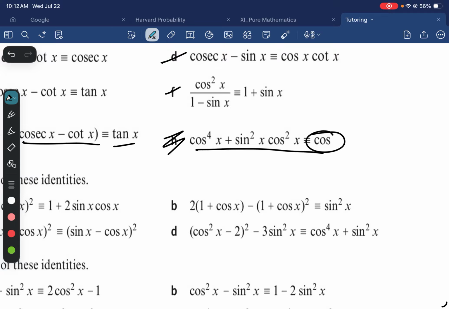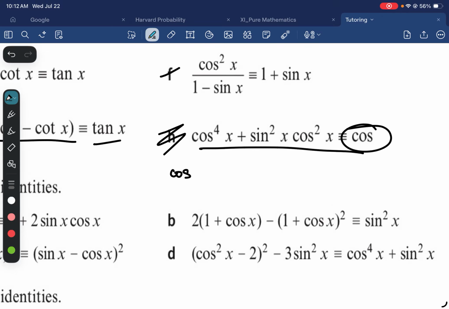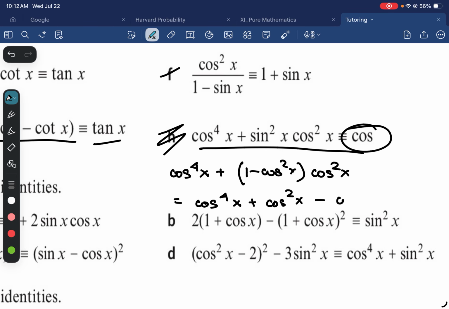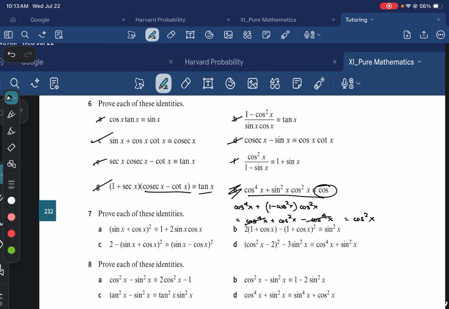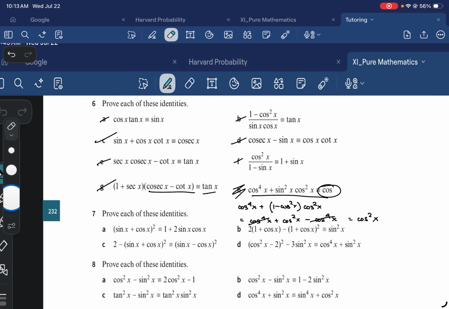So if you just want to write in terms of cos, you can write it as cos to the power 4x plus sine squared x, which is just 1 minus cos squared x, times cos squared x. And that is just cos to the power 4x plus cos squared x minus cos to the power 4x, if you expand. And these things cancel out, so you just get cos squared x. So I think that's what they want, but the question is incomplete.